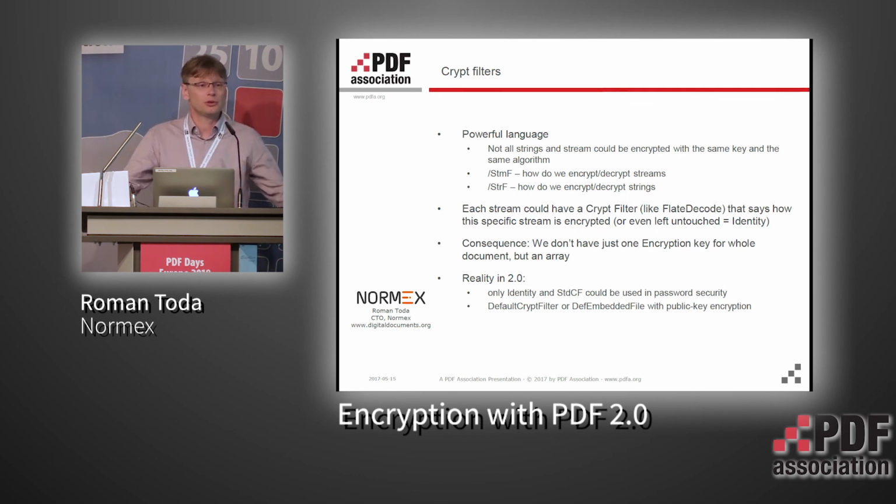So you have to come up with your own if you want to, but nobody would understand it. Or you can, in fact, use just 2. One is identity, which means a stream won't be encrypted at all. Another one is the standard one. So I believe this is a missed opportunity that we are not introducing a lot more here.